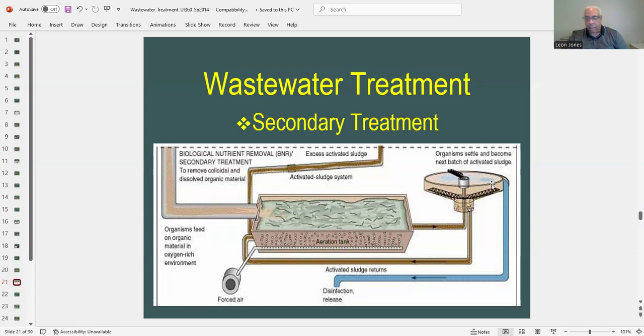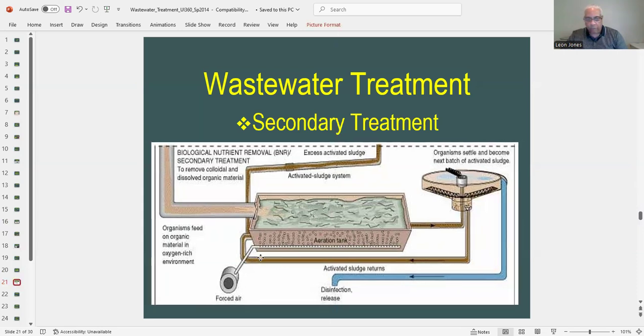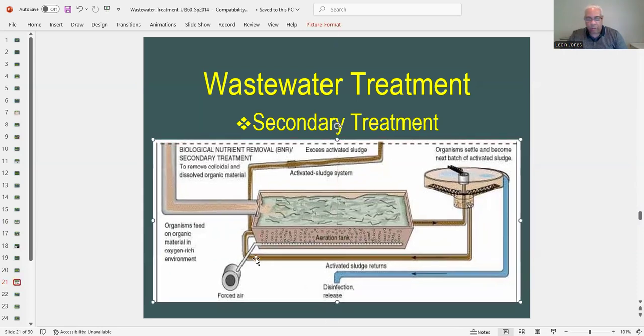Again, this is your clarifier tank right here. This is where your sludge goes. It goes right in here, to your aeration tank, sits, and then it comes right up through the clarifier.